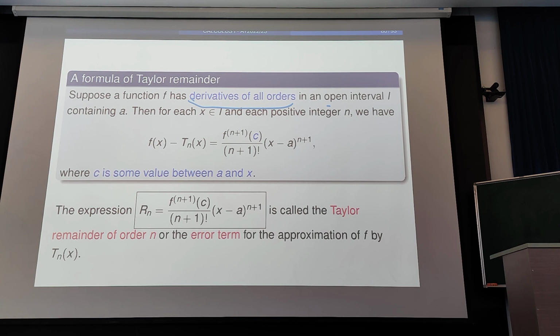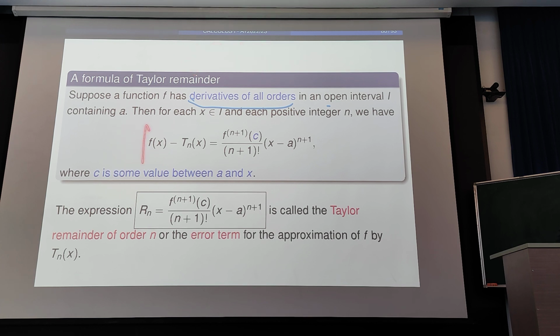But you cannot write f(x) equal to its Taylor series, because in the previous remark, the first one tells you that the Taylor series may or may not be equal to the function f, and we are not able to write down f(x) equal to its power series. That is not true in general.